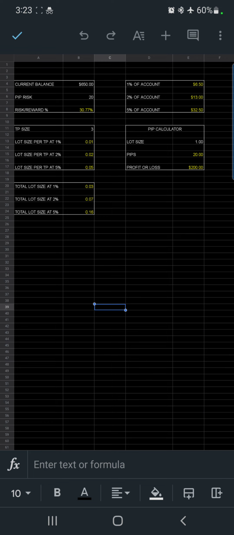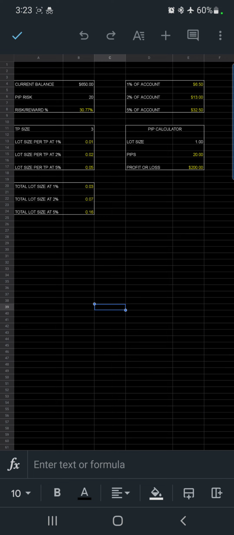However, because I got emotional and treated my trading like a casino, I risked a higher lot size on gold. And what took me 4 hours to accumulate, I lost half of it in 15 minutes.